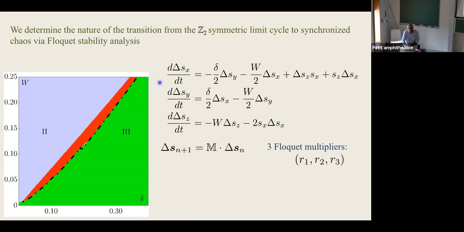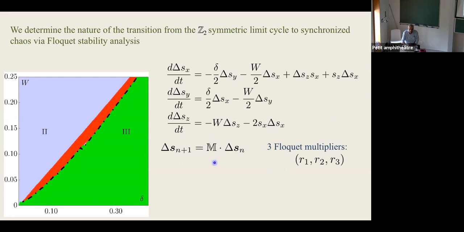So you linearize equations of motion around the limit cycle, and this delta S are the deviations from the limit cycle. Pick some point in time, and say the deviation at that point after n periods is delta S_n. Then the deviation after n plus 1 periods is equal to a certain matrix known as the monodromy matrix times this delta S. This is Floquet stability analysis.